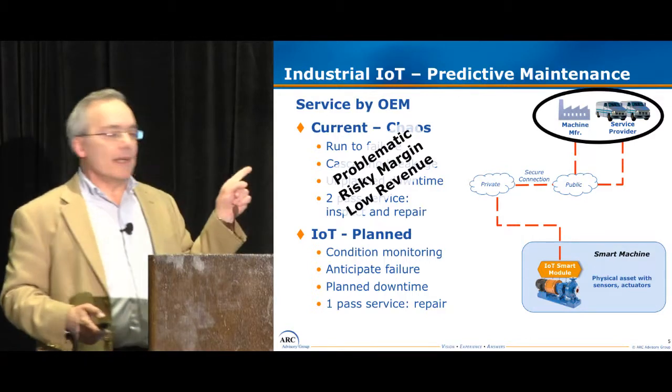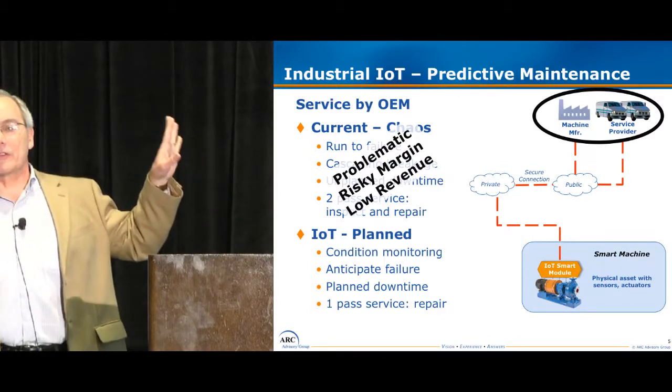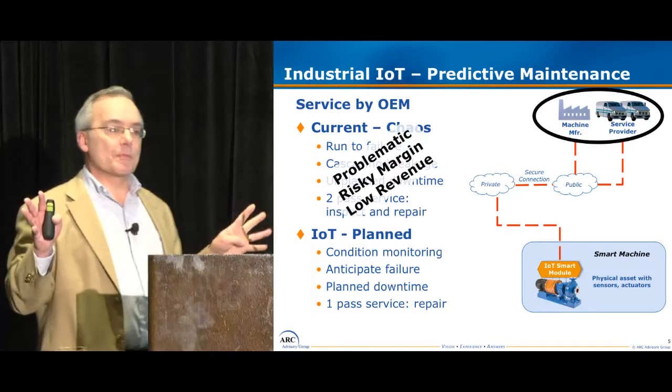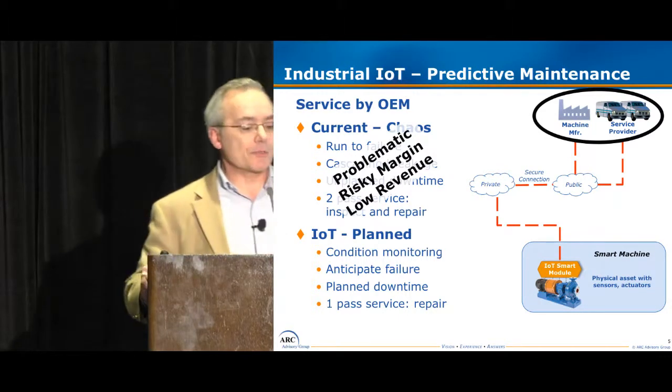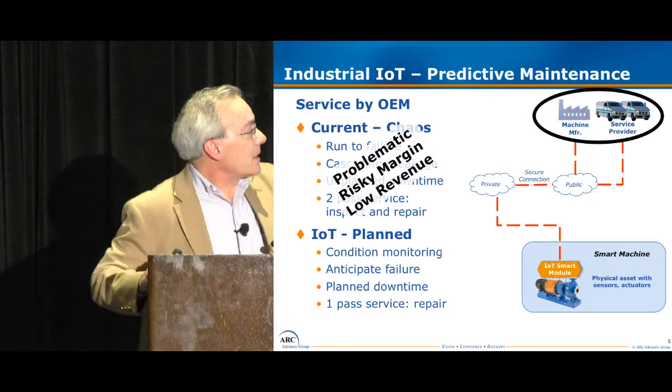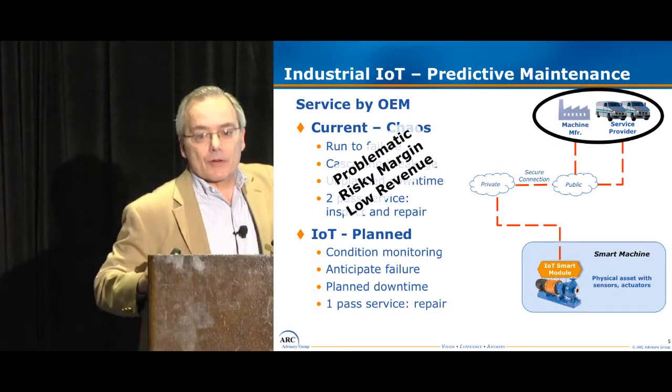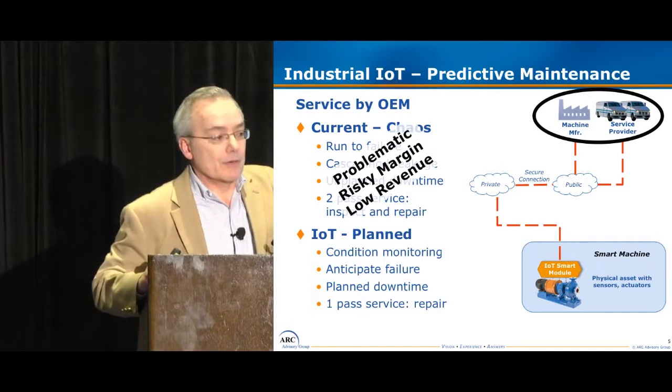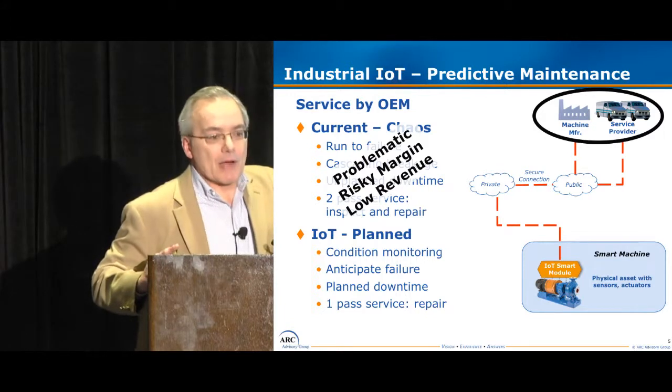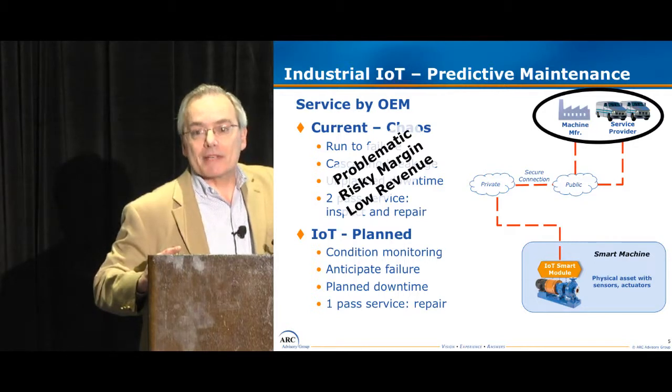So that was the end user perspective. Now the OEM's perspective, the machine manufacturer's perspective. Currently they typically don't service their own machines, very rarely, because it's problematic in the sense that when the equipment is down, there is a lot of, shall I say, management attention.